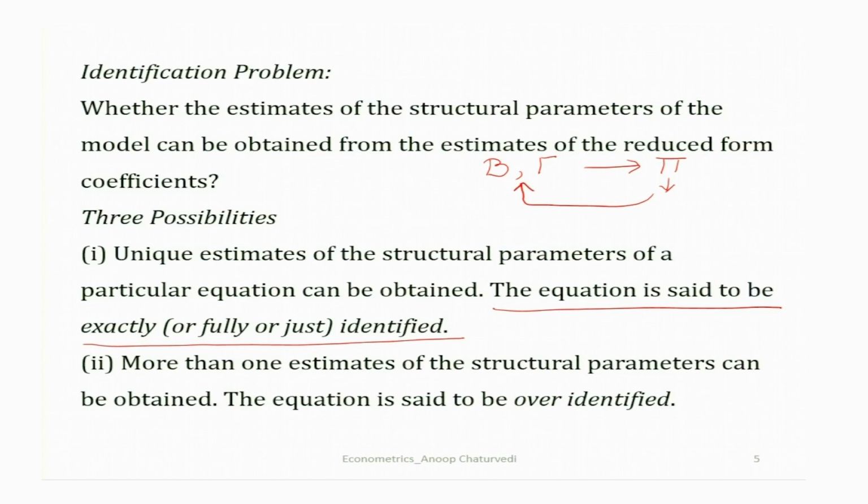Notice that we focus on identification of each and every equation. It may happen that in the entire model, some of the equations are identified and some other equations are not identified.